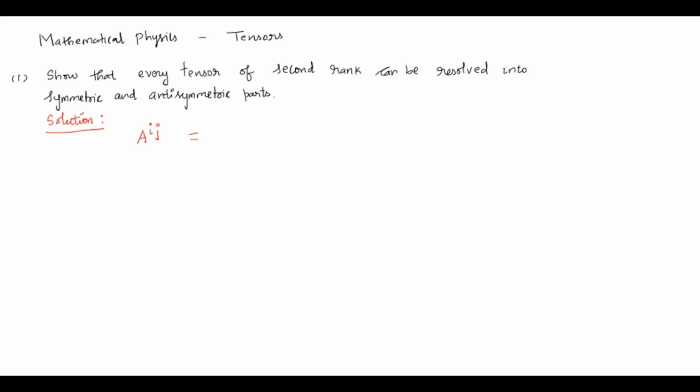So I can write this as half times 2 times Aij, just multiplying and dividing by 2. Now this can be written as half times Aij plus Aij, because I have just expanded the 2 times. Now I am going to add a tensor Aji and subtract the same, minus Aji.